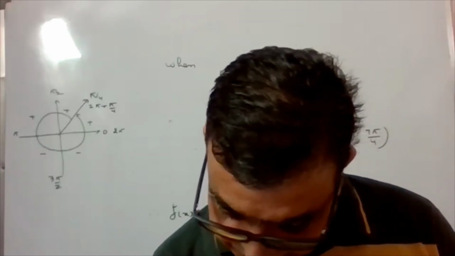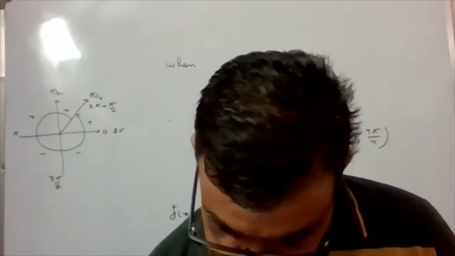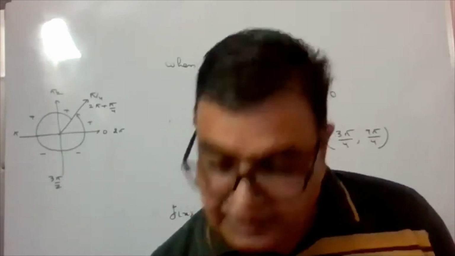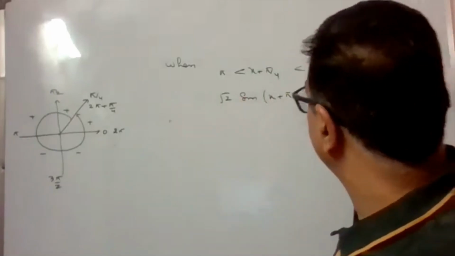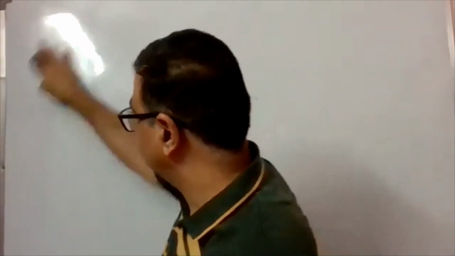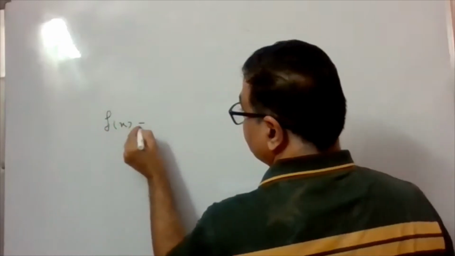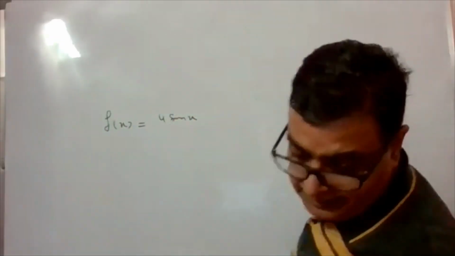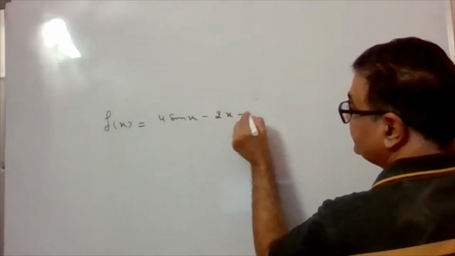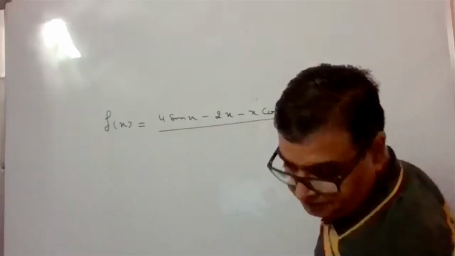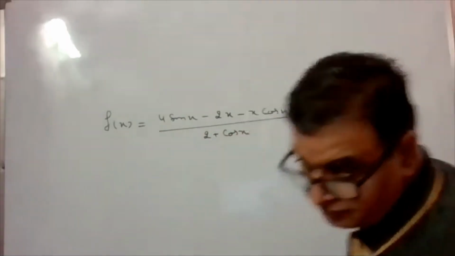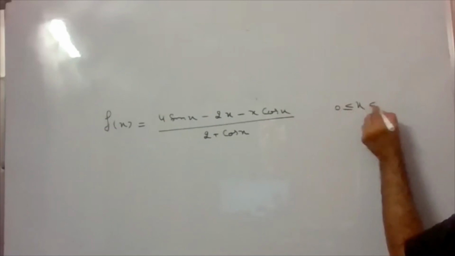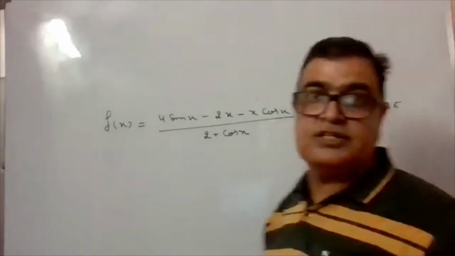Next question, write down please. Find the interval in which the function f(x) equal to 4 sin x minus 2x minus x cos x, divided by 2 plus cos x, where x is between 0 and 2 pi, is increasing or decreasing.